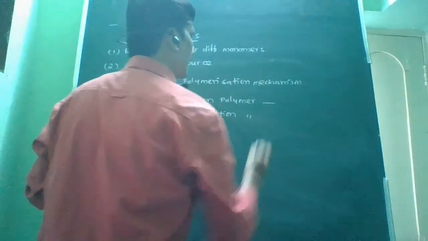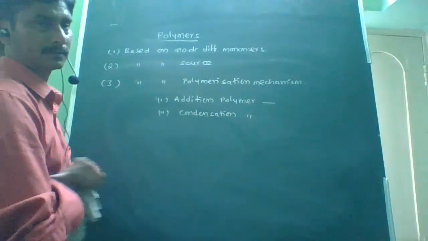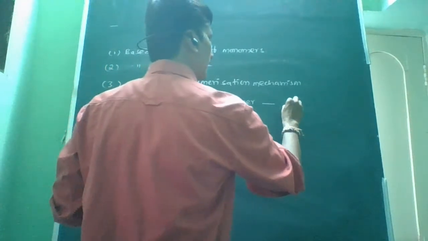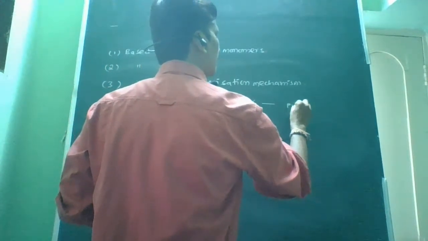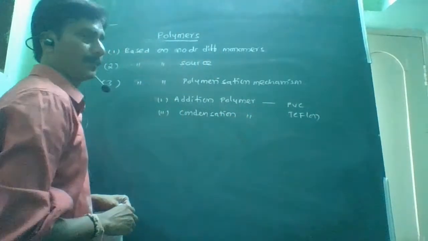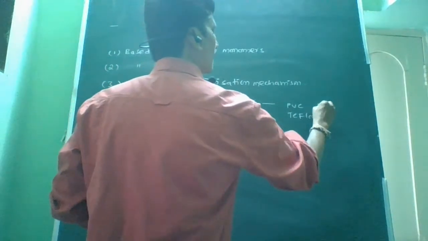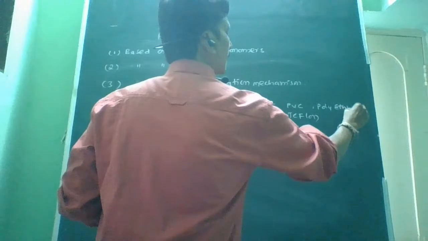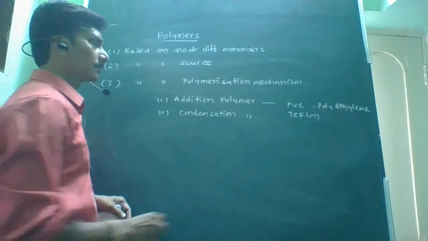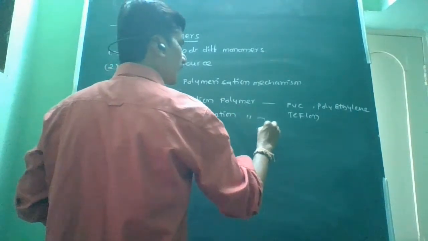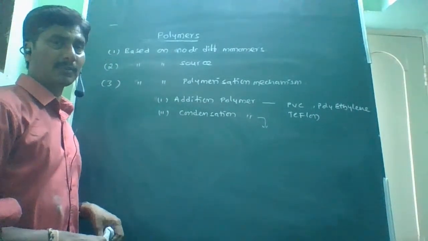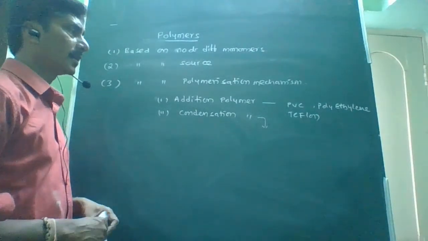Addition polymers are formed by the addition mechanism. For example, PVC, Teflon, polyethylene come under the addition polymer. Where the reaction proceeds by condensation, that is addition and elimination reactions take place, those polymers come under the condensation polymers.